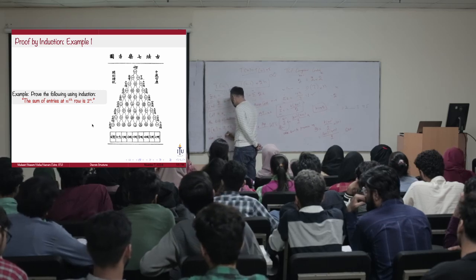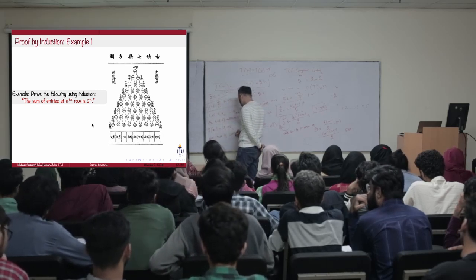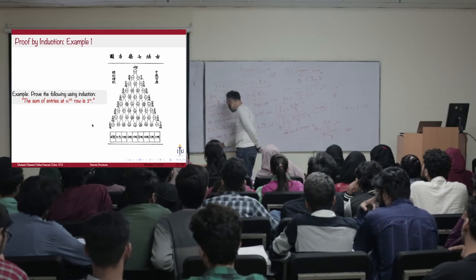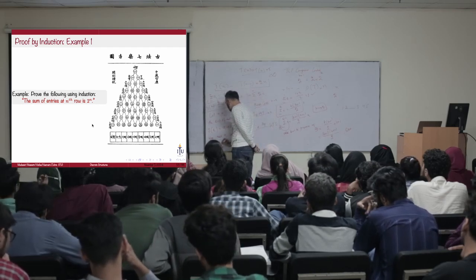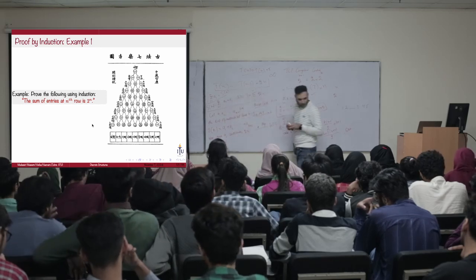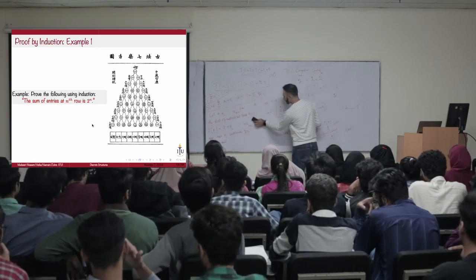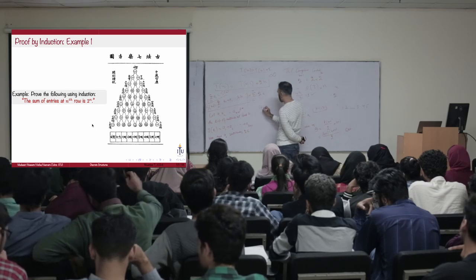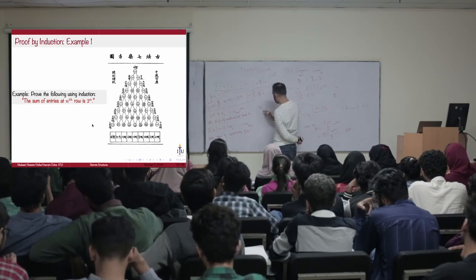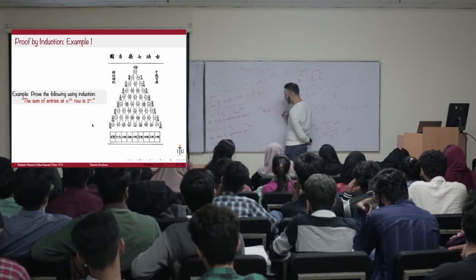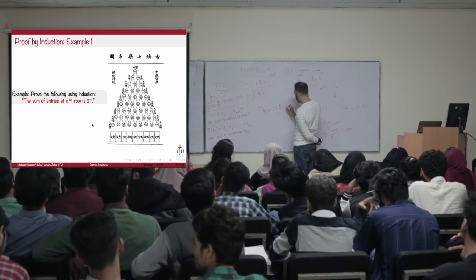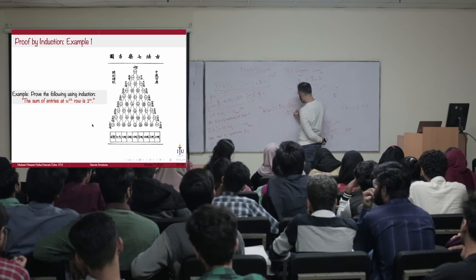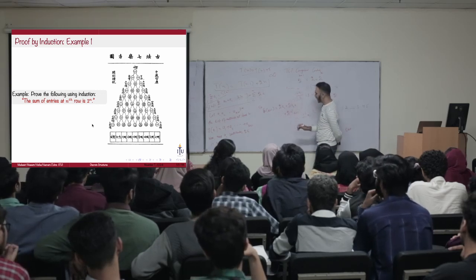Now each a_i contributes 2 times a_i in the k plus 1 level. So s of k plus 1 is equal to 2a_1 plus 2a_2 and so on.